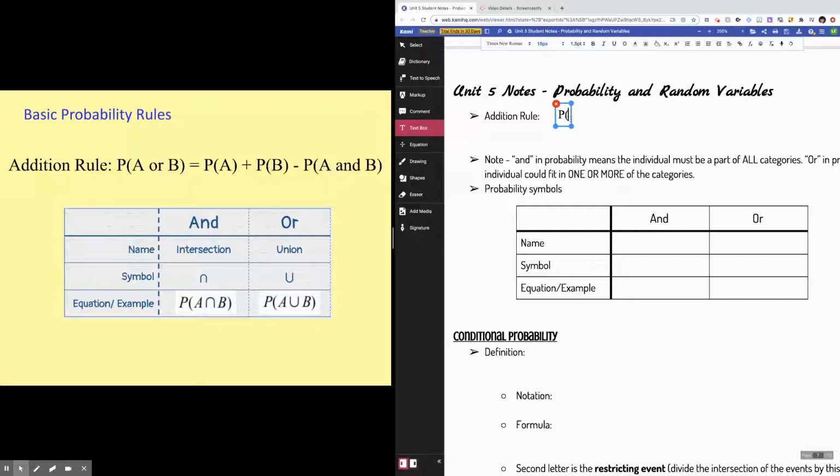If I'm finding the probability of A or B occurring, event A or event B, I'm going to add the individual probabilities, probability of A plus the probability of B, minus the probability of A and B. Keep in mind that A and B here is what those two events have in common. It's whoever is counted twice.